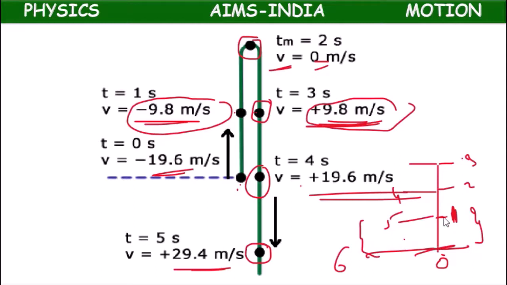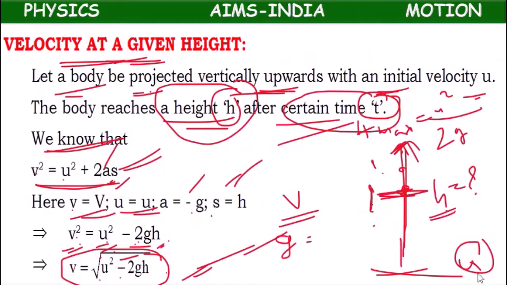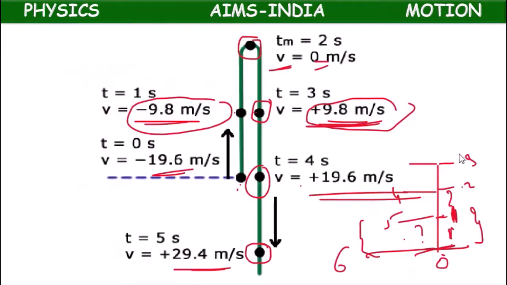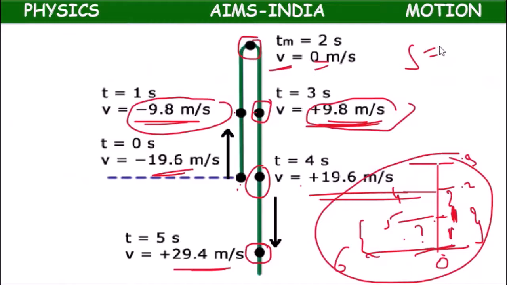The distance traveled in both time gaps is equal. In the same way, the distance traveled between 1 to 2 seconds and between 4 to 5 seconds will be the same. The formula for this is S equals U minus g by 2.